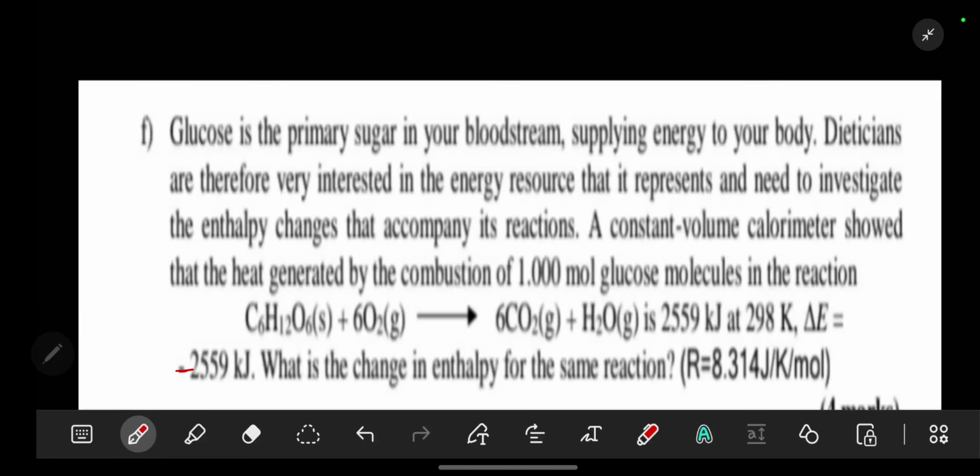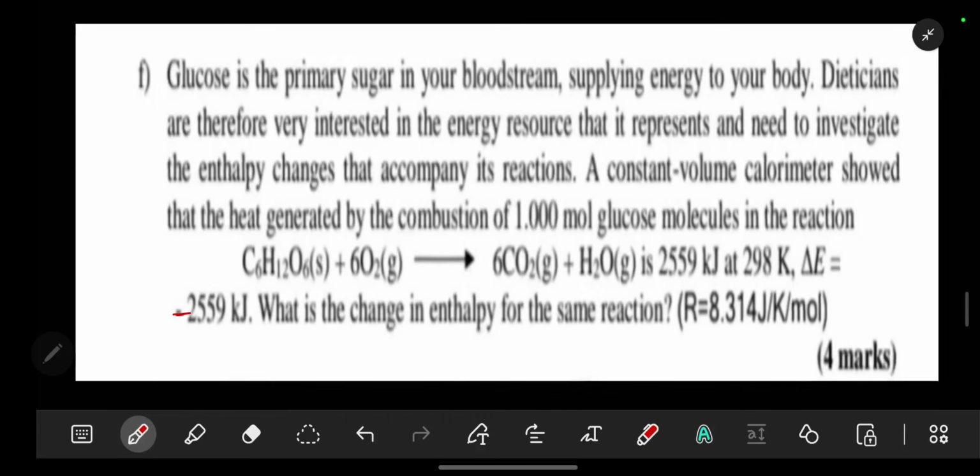Dietitians are therefore very interested in the energy resource that it represents and need to investigate the enthalpy change that accompanies its reaction. A constant volume calorimeter showed the heat generated by the combustion of 1 mole of glucose in the reaction.